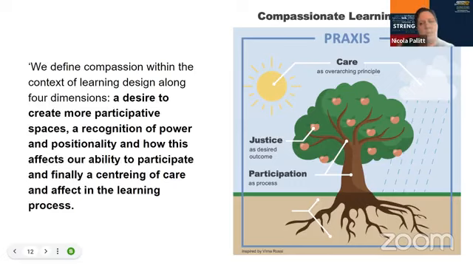We see these dimensions. We've got this tree, and we are really driven by this desire for more participative spaces and see participation as a process. Then there's a recognition of power and positionality, and how this affects our ability to participate, but also that of our students, and then centering care in the learning process.